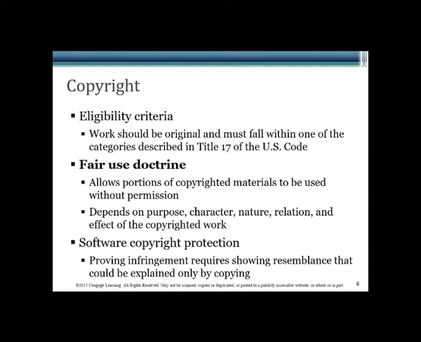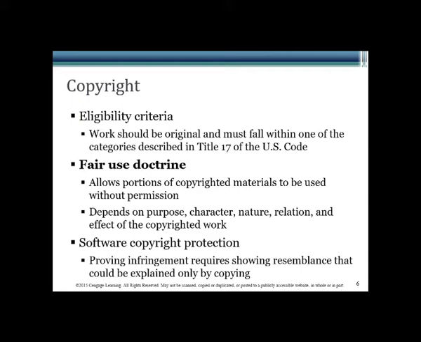Title 17, Section 107 of the U.S. Code established that courts should consider the following 4 factors when deciding whether a particular use of copyrighted property is fair and can be allowed without penalty. Number 1.